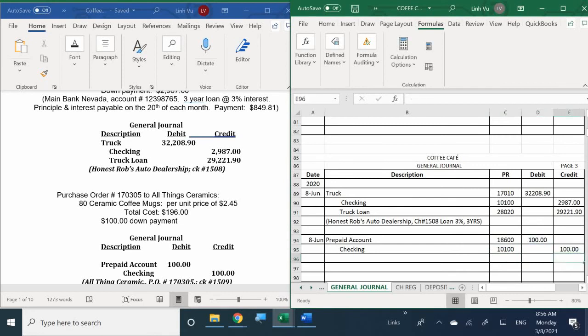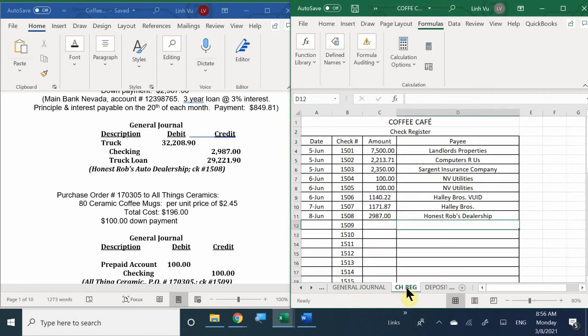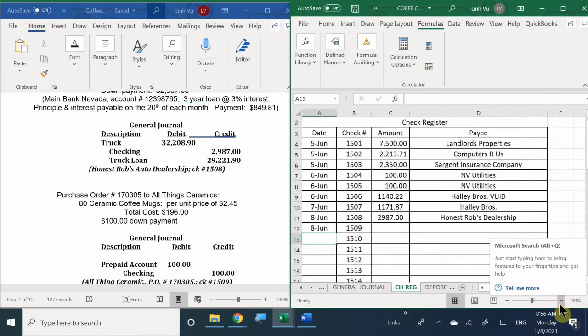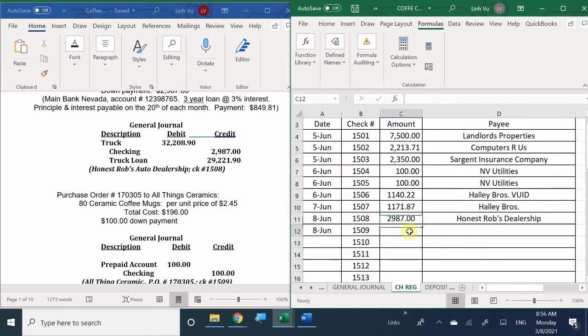Now that I've written this section out, let's determine what check I actually used. So I go to my check register. The date is June 8th. I used check number 1509 for $100.